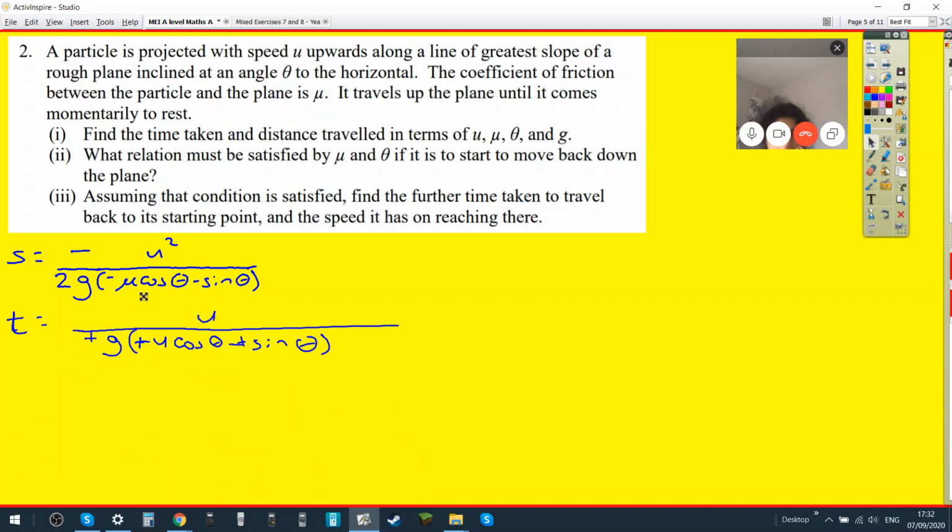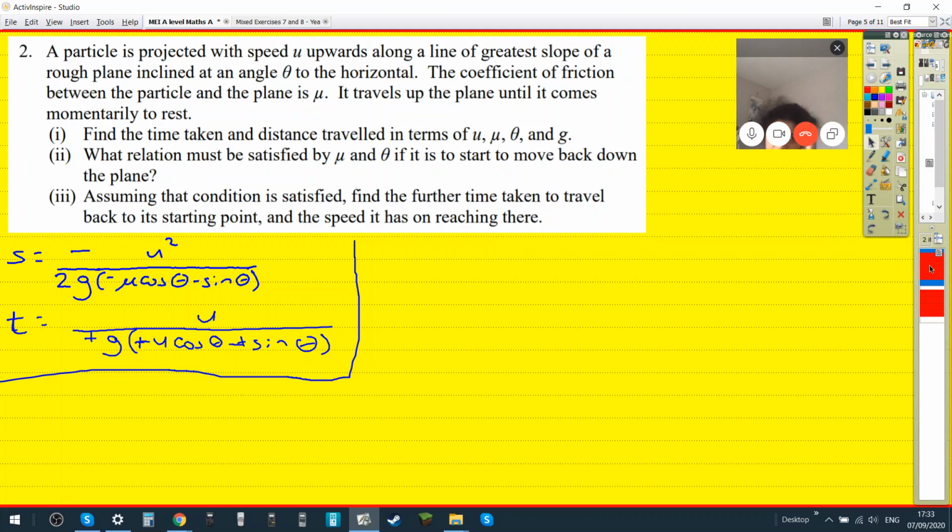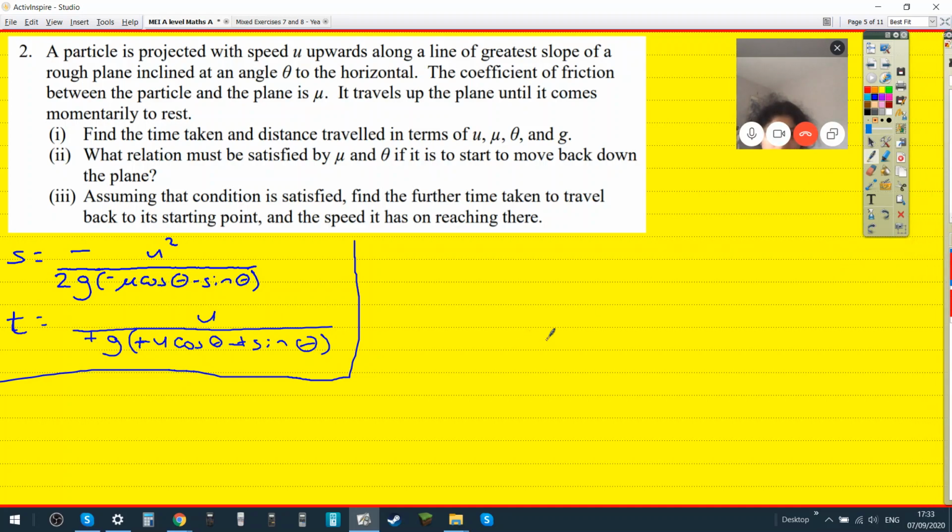Okay, just in case. Moving back down the plane, wouldn't S be negative? Depends how far down it goes. If it goes past its starting point, I suppose. So S would just be getting smaller. Yeah, has to be decreasing. Relation must be satisfied with mu and theta if it starts moving back down the plane.